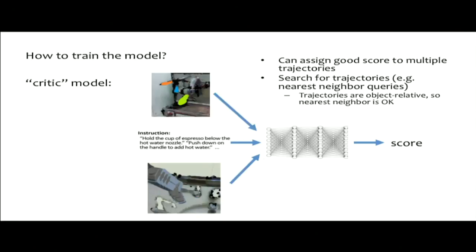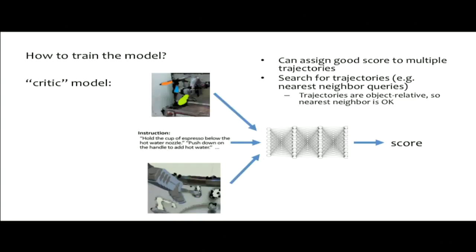And then what they do at test time is they search for trajectories using nearest neighbor. So given all of the trajectories in their database, they feed those into the network and find the one with the highest score. The reason why this is valid is that they represent their trajectories relative to the object.